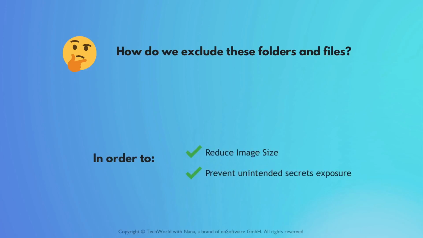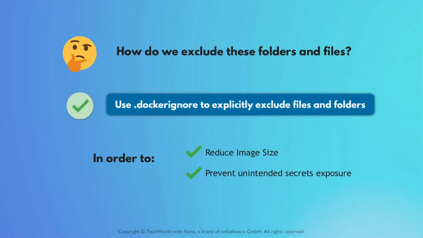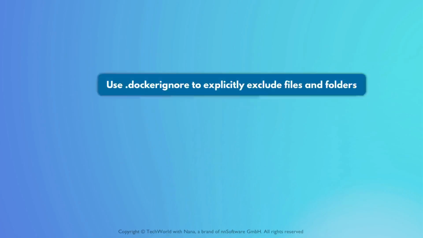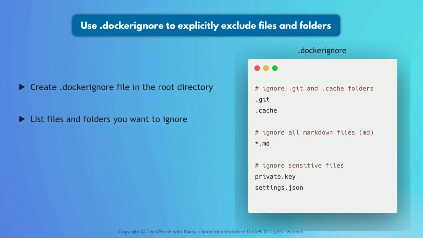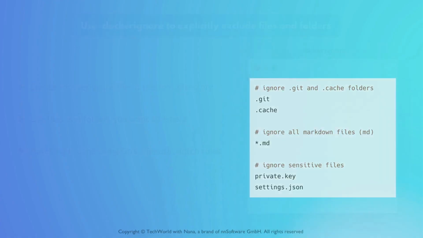And that's our next best practice, to use a .dockerignore file. And it's pretty straightforward. We basically just create this Docker ignore file. We list all the files and folders that we want to be ignored. And when building the image, Docker will look at the contents and ignore anything specified inside.